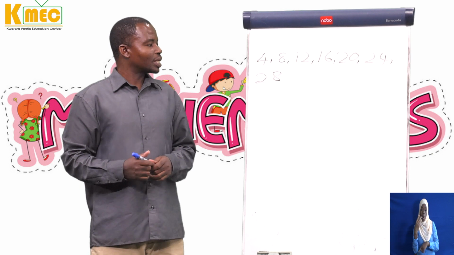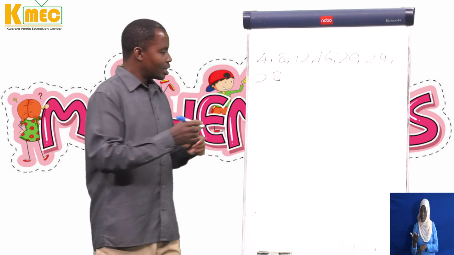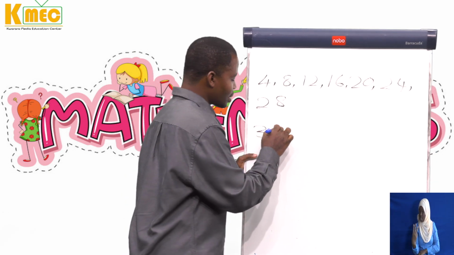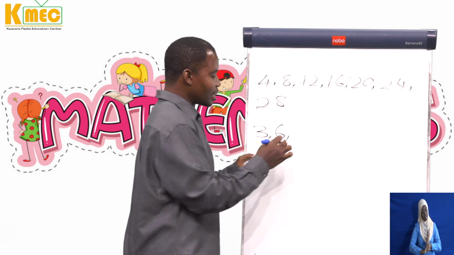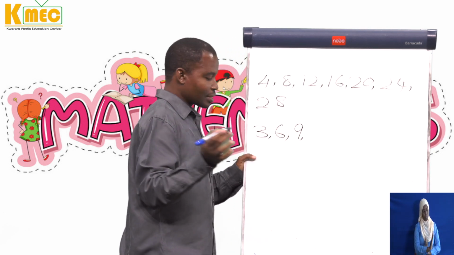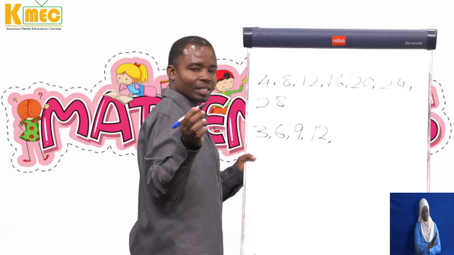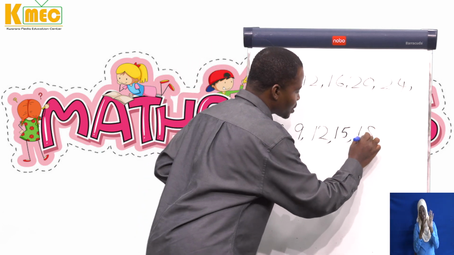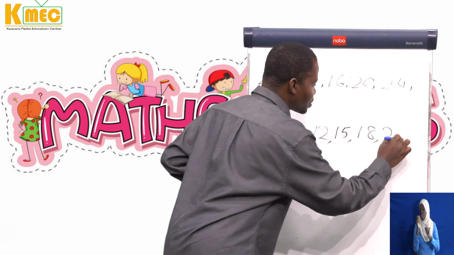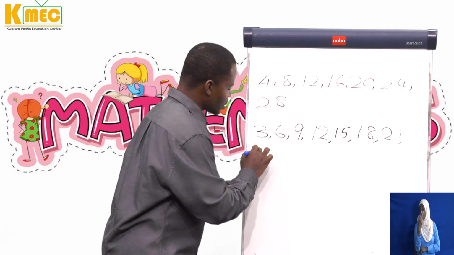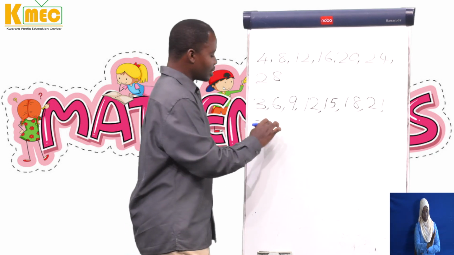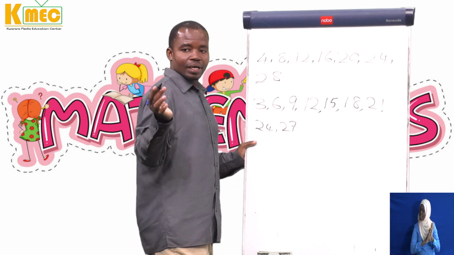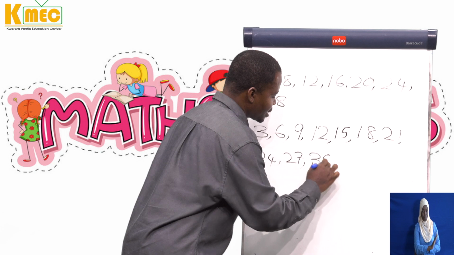The multiples of 3 less than 31 are, we start with 3, good, and then 6, then 9, 12, 15, 18, 21, then 24, then 27, very good, and then 30.